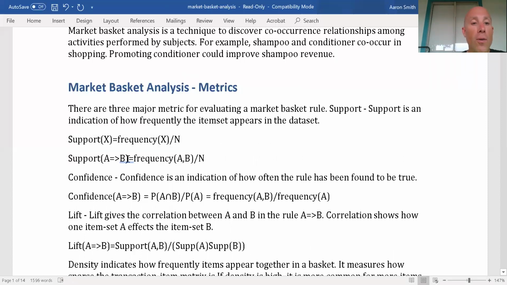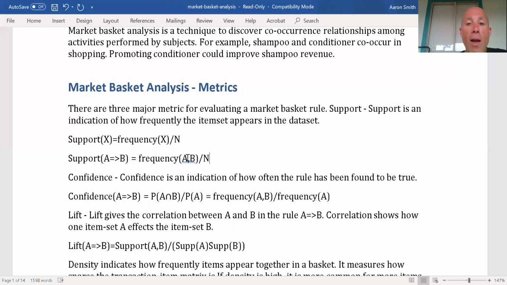One thing you'll notice is that I've got an arrow here, but there really is not a direction. So the support of A arrow B and the support of B arrow A are going to be the same.